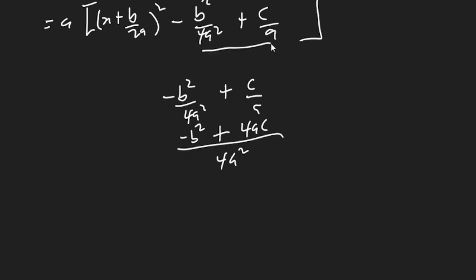So the whole of this is giving us negative b squared plus 4ac all on 4a squared.